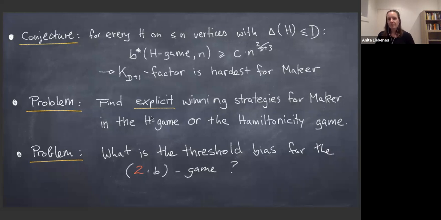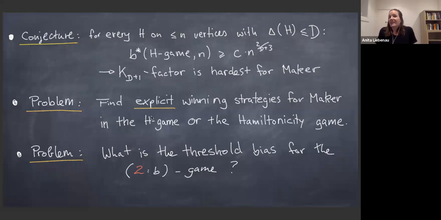Okay, and then a problem which is generally mentioned is that these strategies for Maker rely on this random exposure of edges, and they only give you a random strategy that wins with positive probability, and that only gives you a theoretical existence result of a deterministic strategy, but no one knows what this looks like.